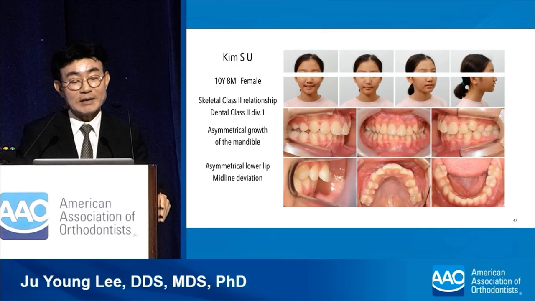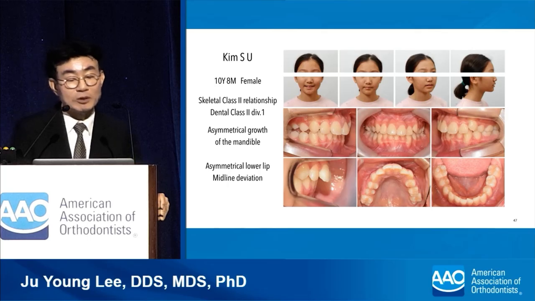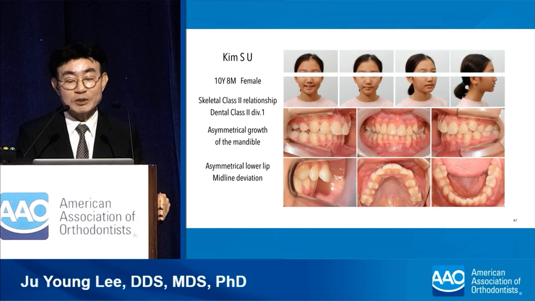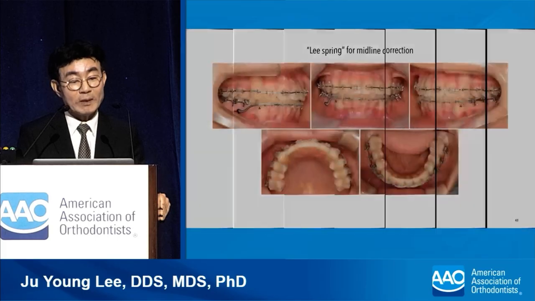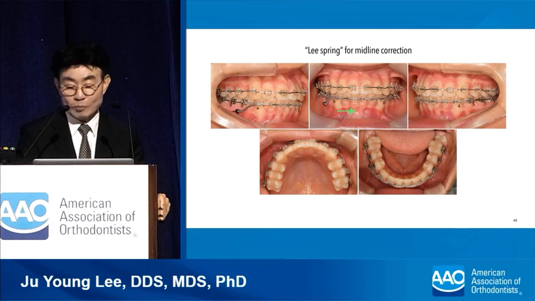Here is another class 2 subdivision malocclusion patient. The dentition on the mandibular right side was positioned far distal to the maxillary arch, causing deviation of the mandibular midline with large overjet. TAD and open coil spring were used to push the lower right teeth forward and left.